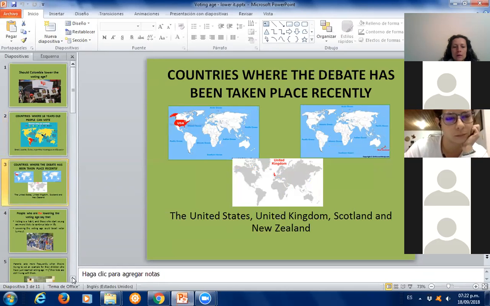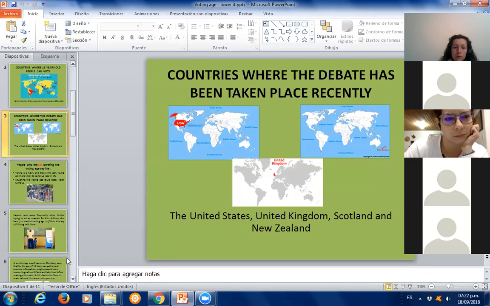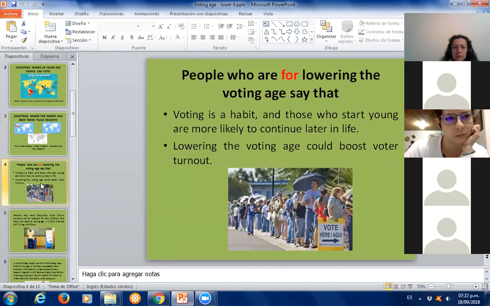Among the pros for voting at 16, I found out that people in the United States think that it would increase the habit of voting, and that it would boost voter turnout, which is actually what politicians want, to have more voters every election.